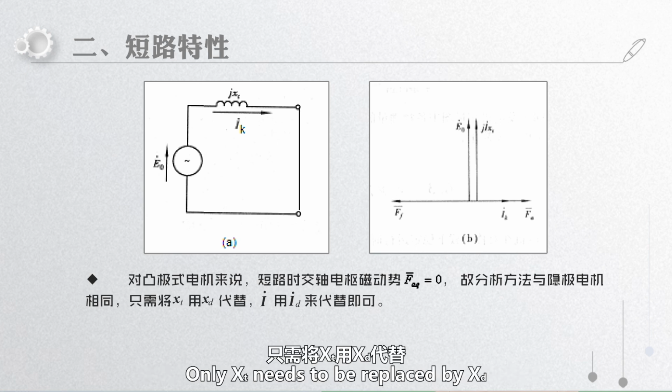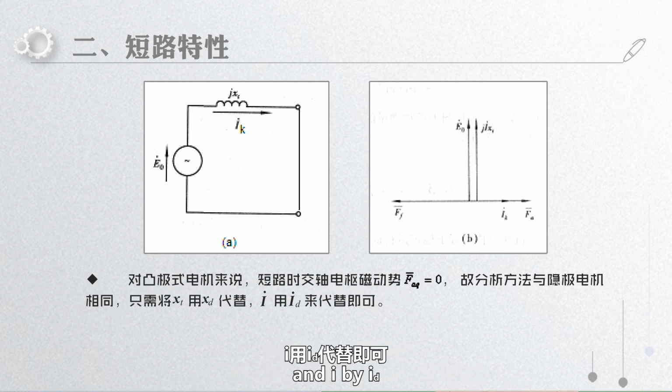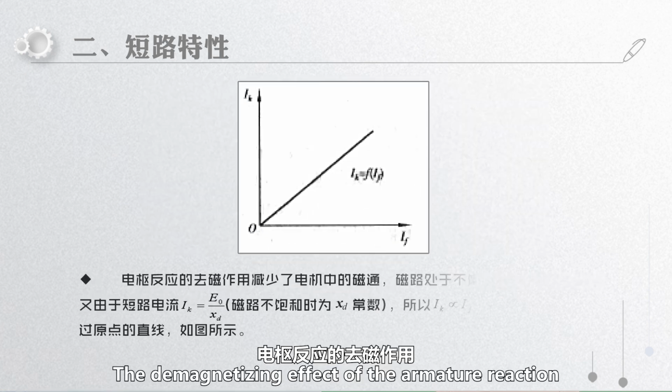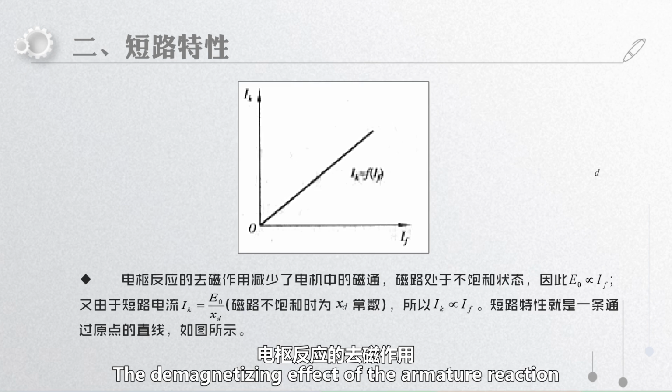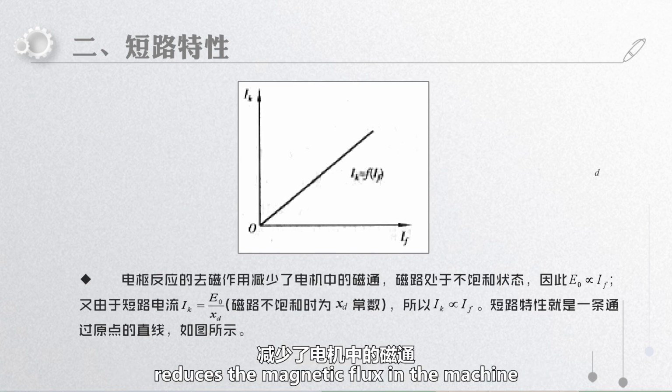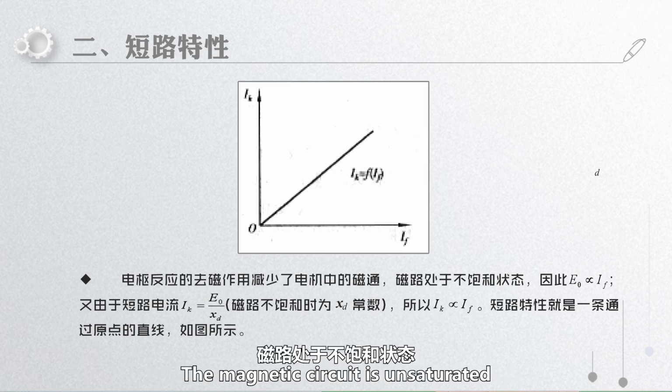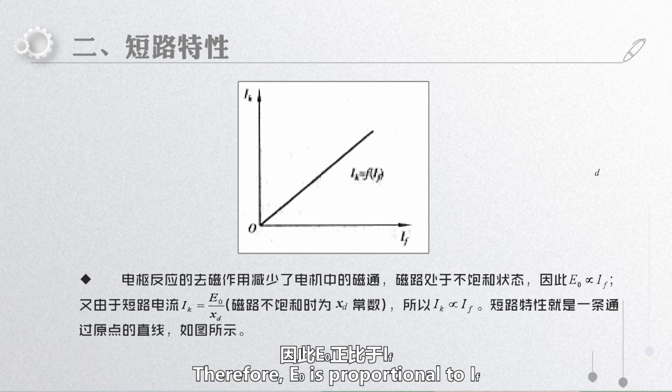Only XT needs to be replaced by XD and I by ID. The demagnetizing effect of the armature reaction reduces the magnetic flux in the machine. The magnetic circuit is unsaturated. Therefore, E0 is proportional to IF.